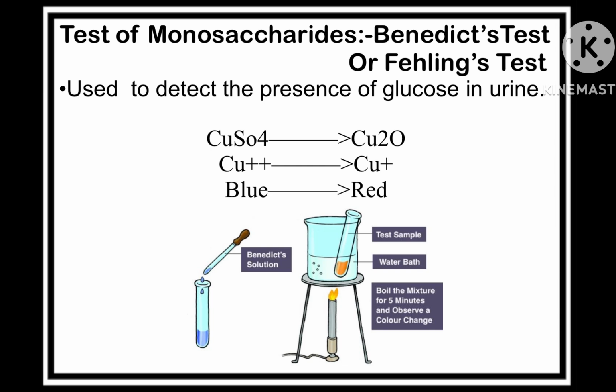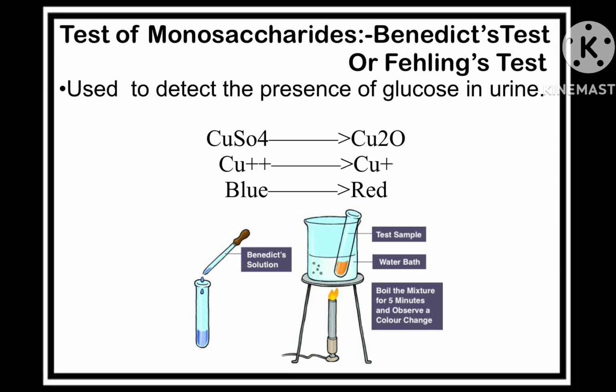Now what we'll notice here is that the aldehyde or ketone group of these monosaccharides reduces CuSO4 into Cu2O. In Cu2O, copper is in the copper plus 1 state and its color changes. From the result, we get to know the change in color from blue to red depending on the amount of sugar present.